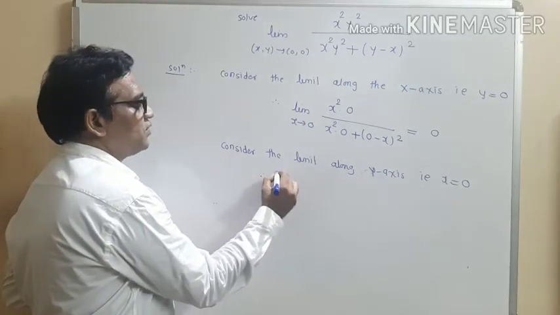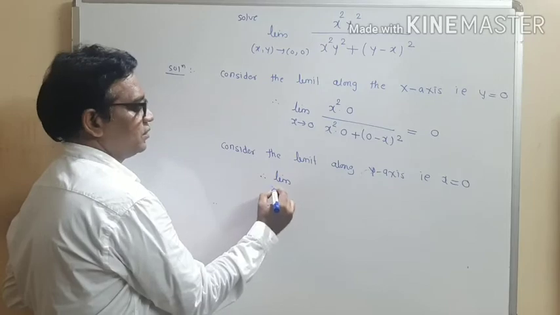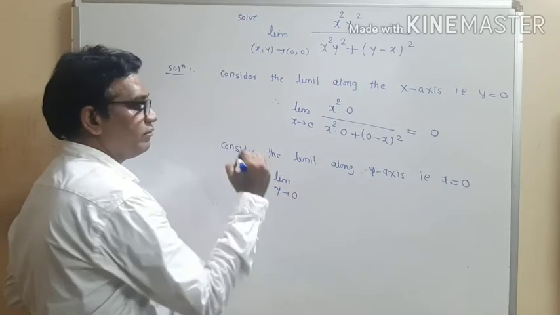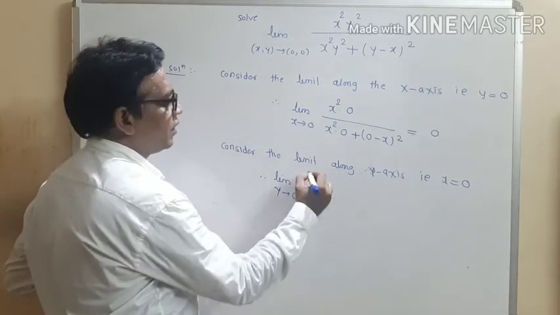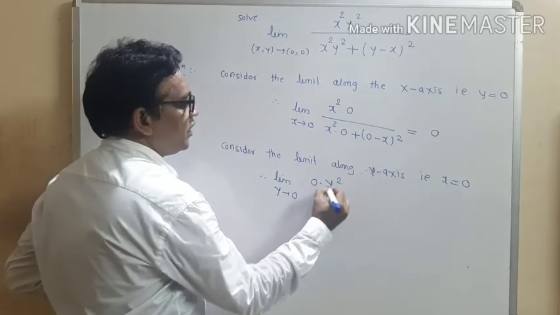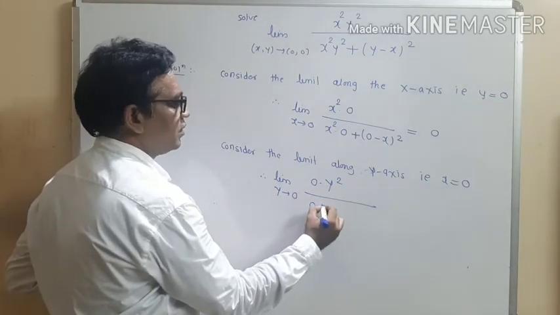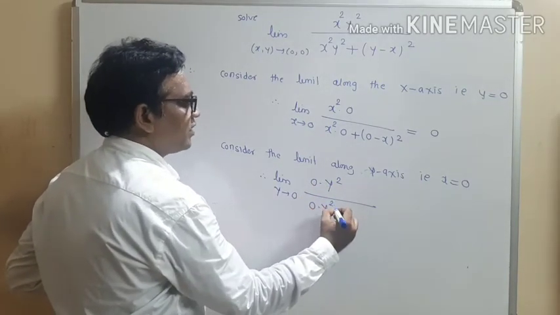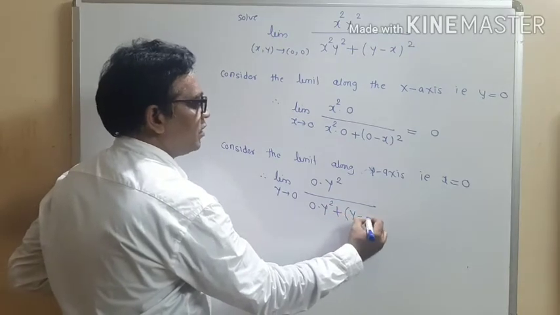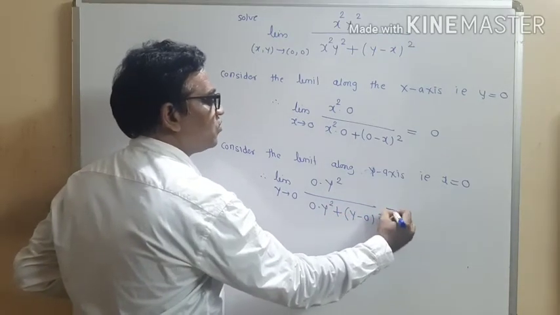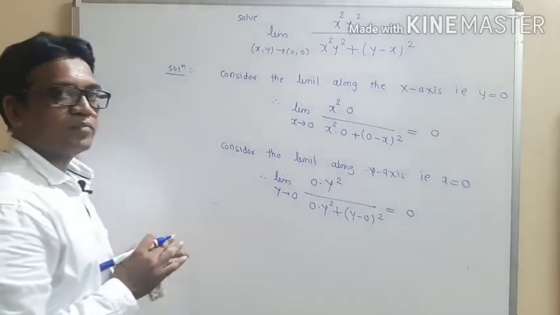So put x equal to 0 in the given function. So this is limit y tends to 0 of 0 into y square, over 0 into y square plus (y minus 0) bracket square. So this is again 0.